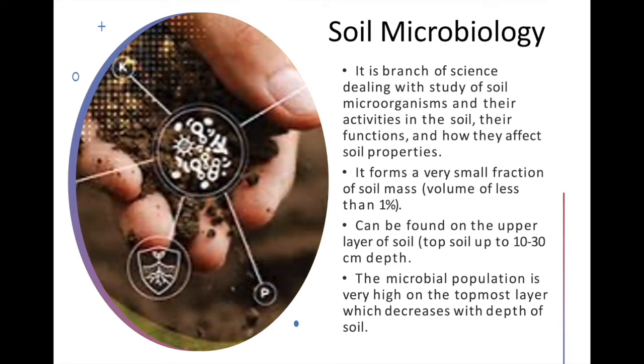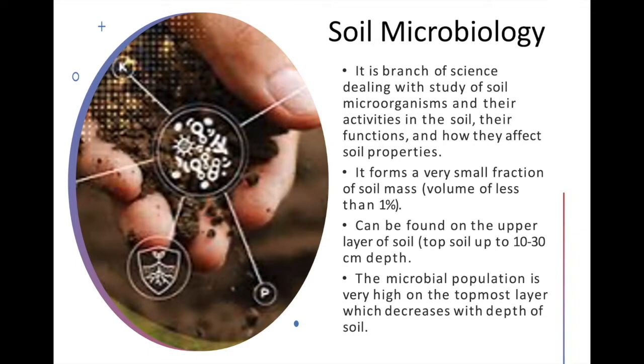You can see that soil microbiology is a branch of science dealing with the study of soil microorganisms and their activities in the soil. The main point: microorganisms, and biology is the life. So microorganisms and their activities in the soil, their functions, what their main roles in the soil are, and how they affect the soil properties.